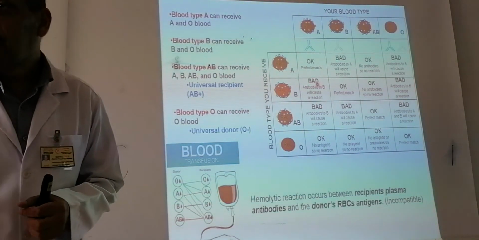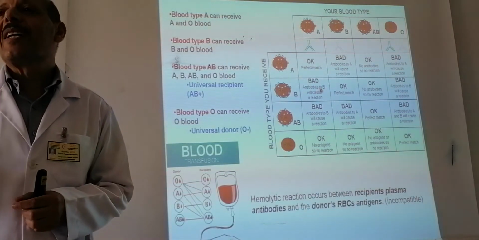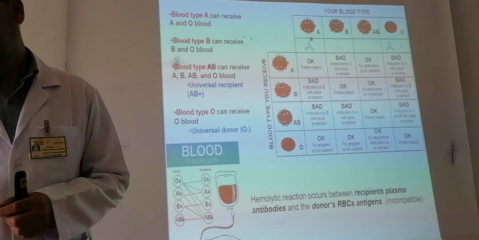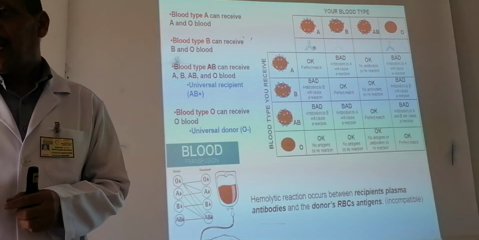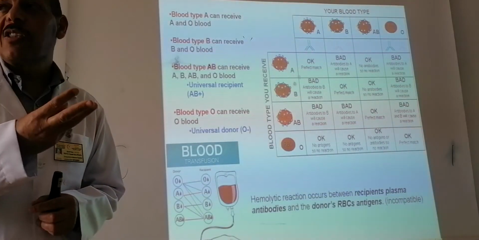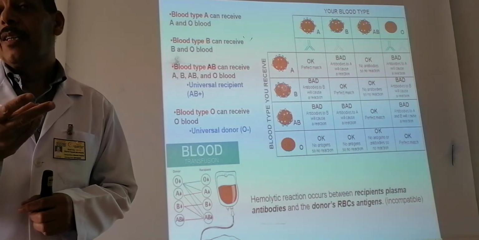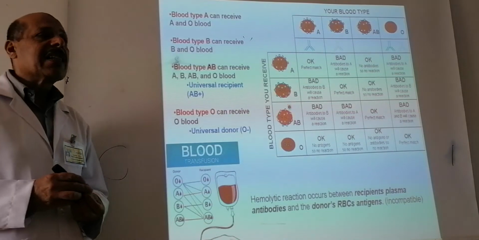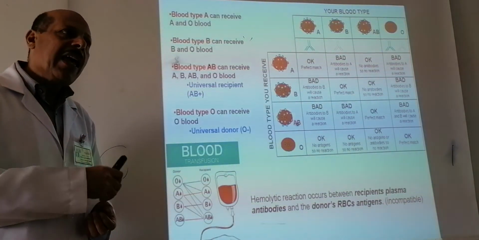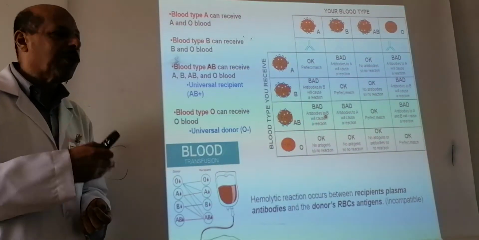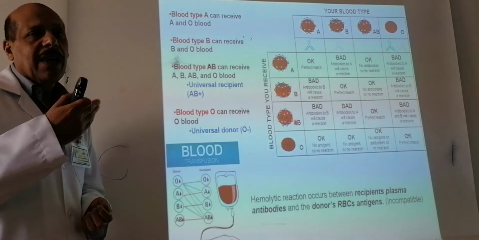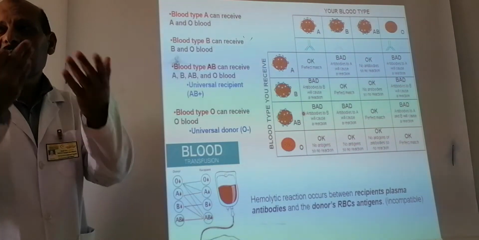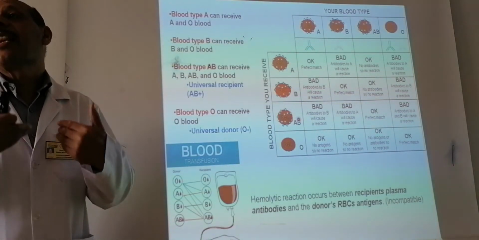The universal donor is the donor whose blood does not contain the antigen, which is O. There is no antigen A or B. The universal recipient is AB, which contains both antigens, so it can receive from others because there is no antibody in the plasma.